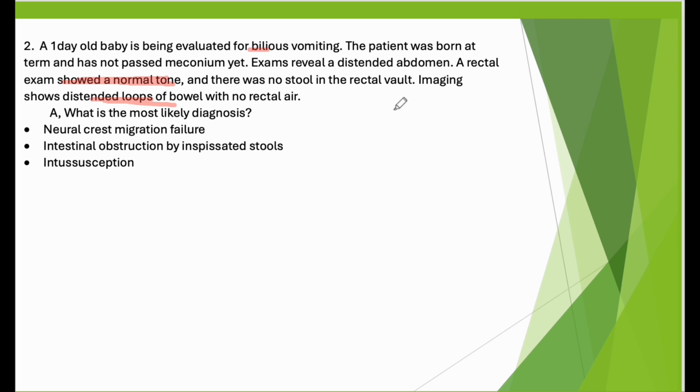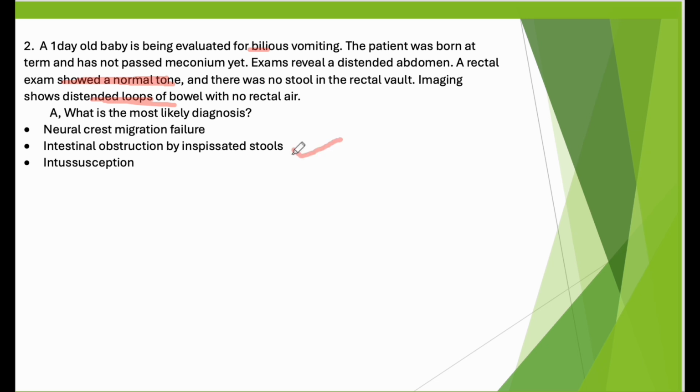So like I said earlier, whenever the question states a patient who has not passed meconium yet, always know that you are thinking either Hirschsprung's disease or meconium ileus. So at that point, the rectal exam finding is the most important or accurate way to make your diagnosis. So for meconium ileus, there is always a normal tone, whilst for Hirschsprung's disease, there is going to be an increased rectal tone and a positive squirt sign. So always take note of that.